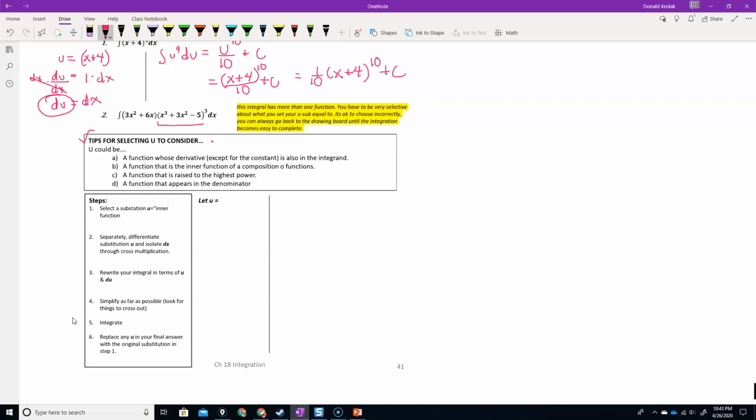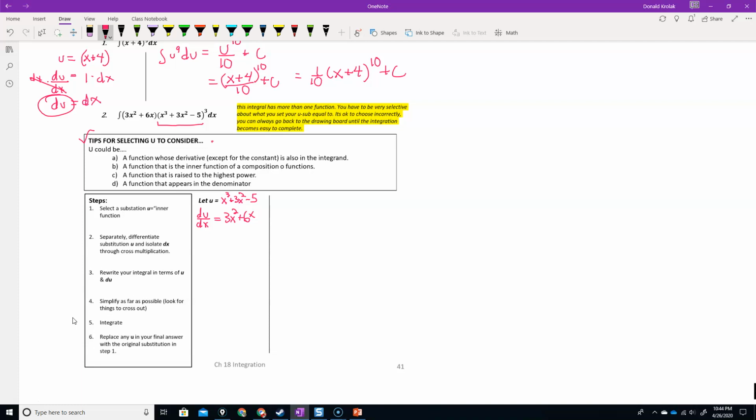All right, so I'm going to let u equal, in this case, the inner function. So I'm going to let u equal x cubed. Now you do the derivative of that, and now you solve this for du.